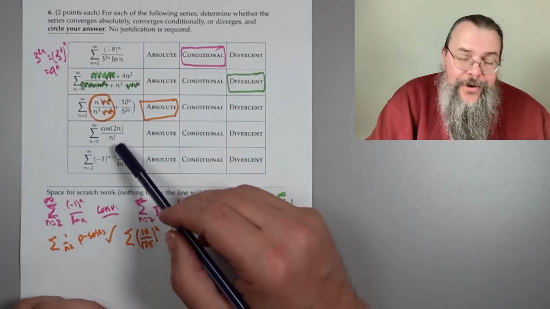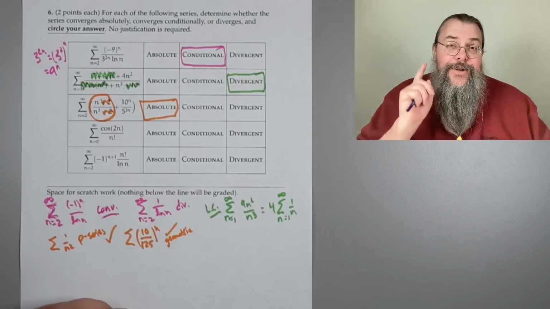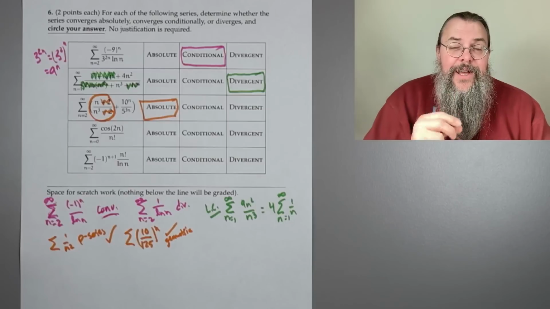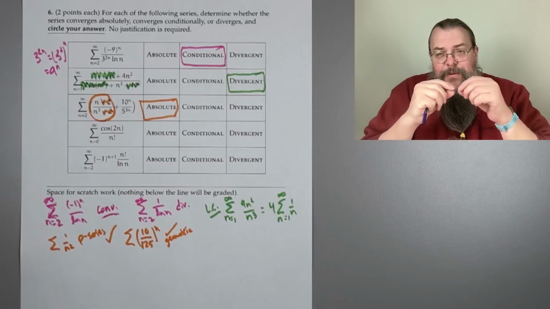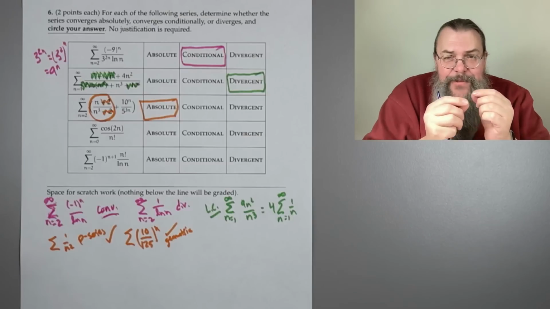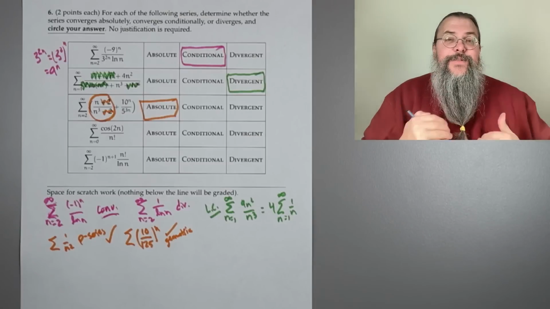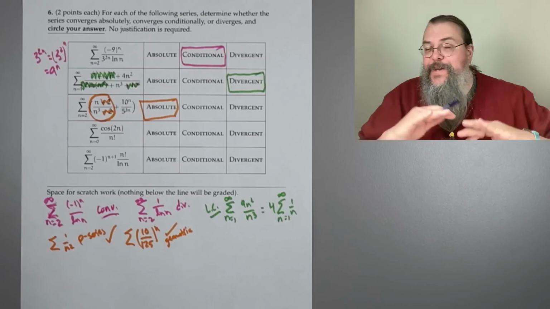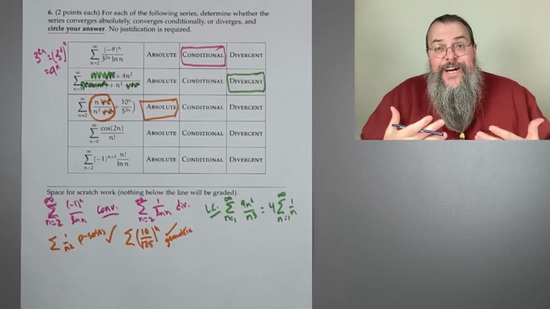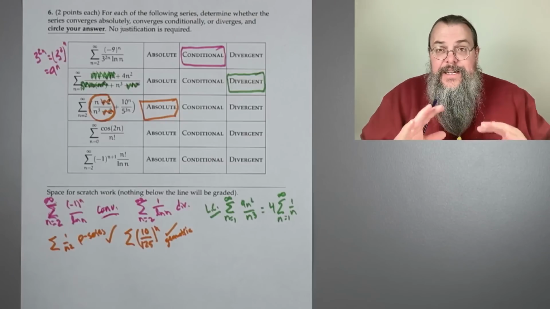All right. Now, how about our next sum? Cosine 2n over n factorial. Now, cosine or sine, you kind of look for one of 2 things. Either if you have like a cosine pi n, well, that's kind of there to be a hidden minus 1 to the n. If there's not a pi on the inside, it's hard to hide a minus 1 to the n, and there's not.